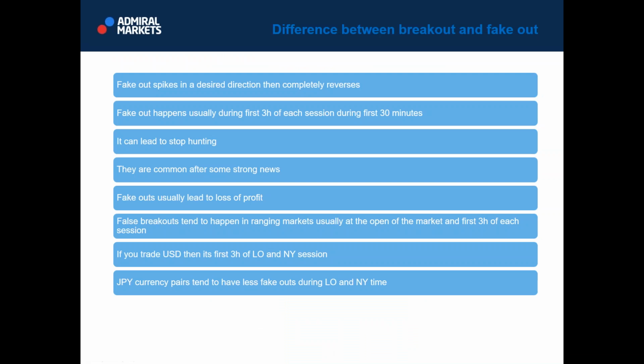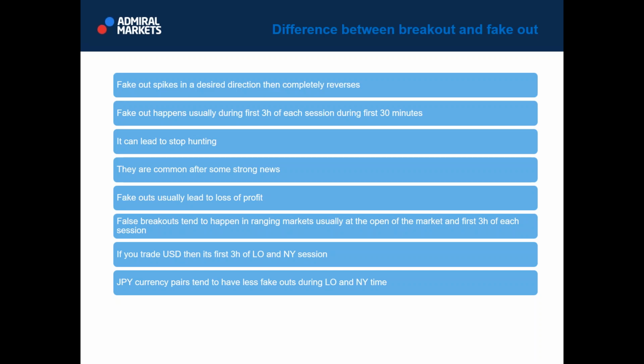False breakouts lead to stop hunting, and then your account can be really hurt, especially if you don't use a stop loss, which I never recommend. False breakouts tend to happen in ranging markets, usually at the open of the market and in the first 3 hours of each session. I've already explained it, right?